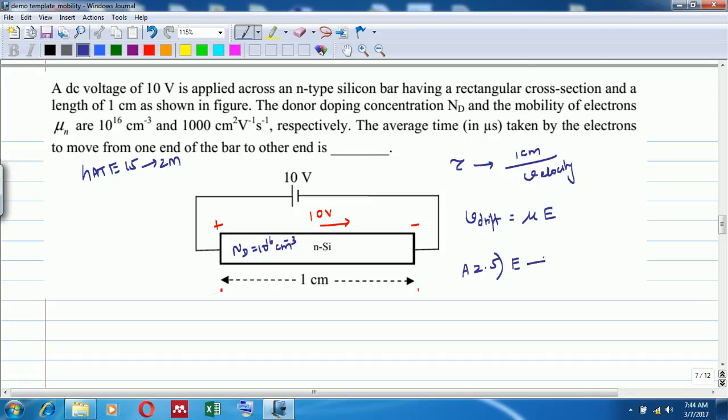Then you will get V drift. And after this, you substitute the value obtained for V drift in this expression and find out what is tau, the time taken for the carriers to transit from one end to the other end, and express this tau in microseconds. Please solve this as an assignment question.